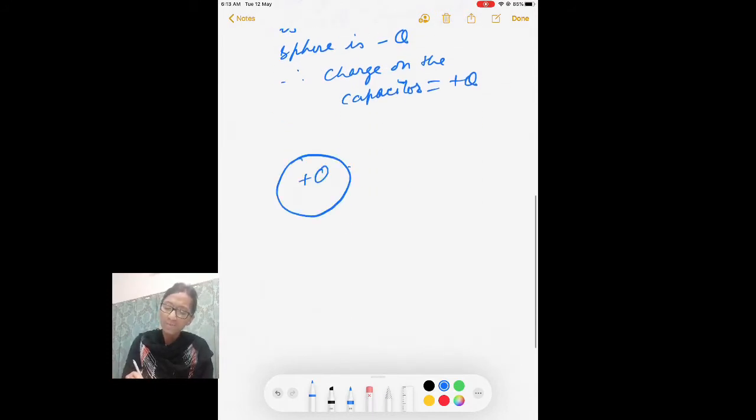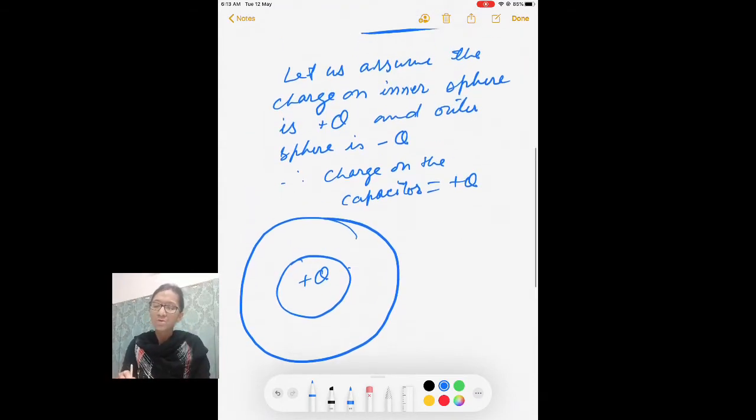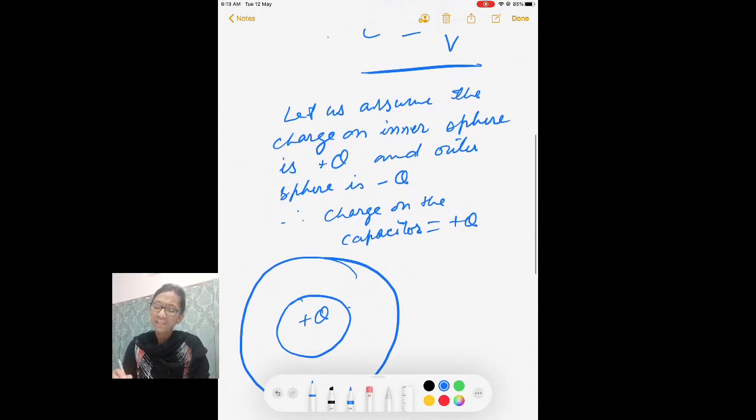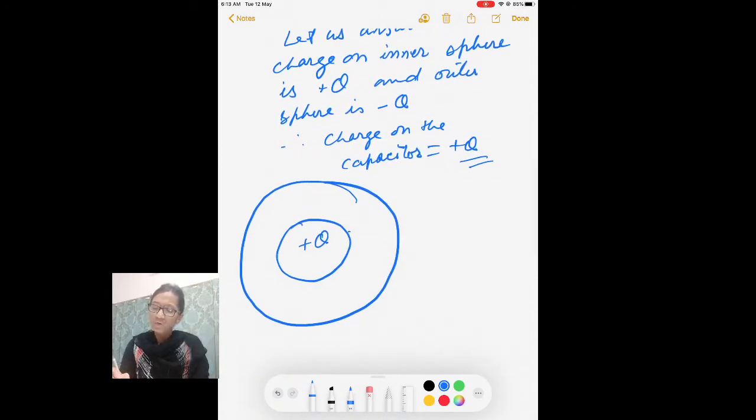You have plus Q charge and there you have one outer sphere. So you have assumed that charge is plus Q. Now you will find the value of potential due to this charge.